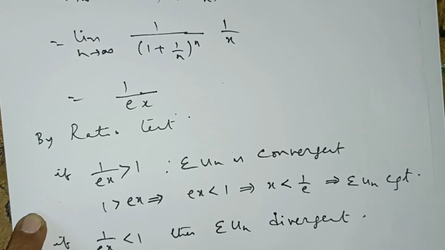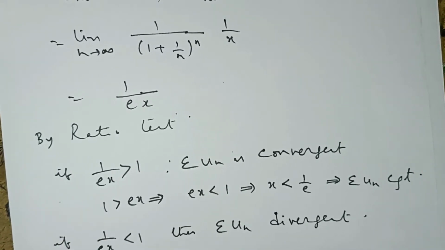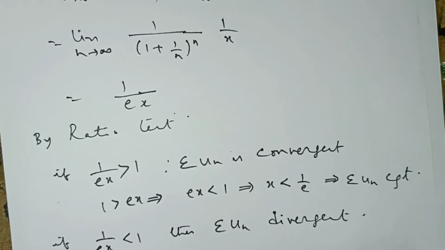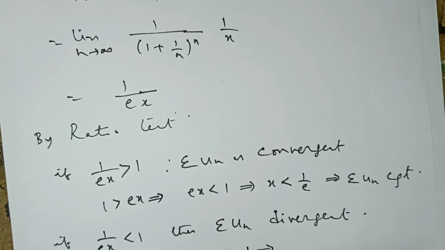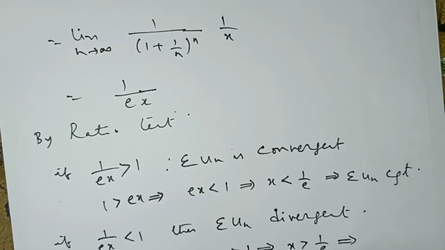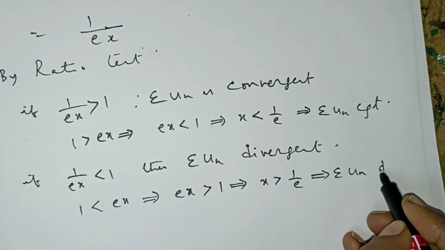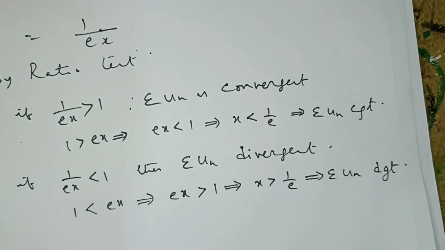If you cross multiply, 1 is less than ex implies ex is greater than 1, implies x is greater than 1 by e. Whenever x is greater than 1 by e, sigma un is divergent, DGT.